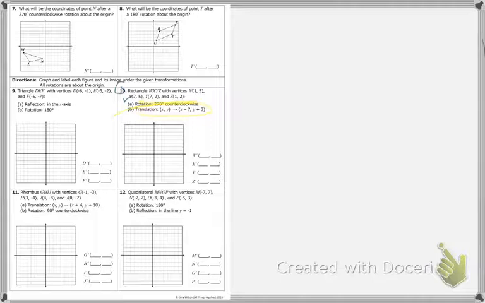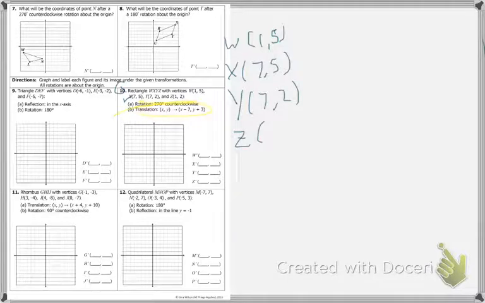So first things first, our vertices, or our coordinates, we have W as 1, 5, and then we have X, and it is 7, 5, Y is 7, 2, and then Z is 1, 2.